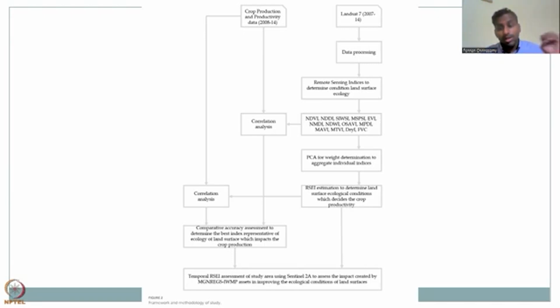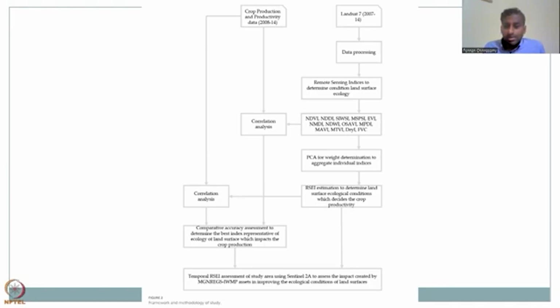And more importantly, it could be the sugarcane, which is very important for the state of Maharashtra, and the yield that they get. So looking at this, first they take the crop productivity data and then they do some correlation analysis to find some relationship with the satellite data. But before that, we need to look at how you get the satellite data. So Landsat 7 was used because that has the data range from 2007 to 2014 time frame, and then some data pre-processing and post-processing was done.